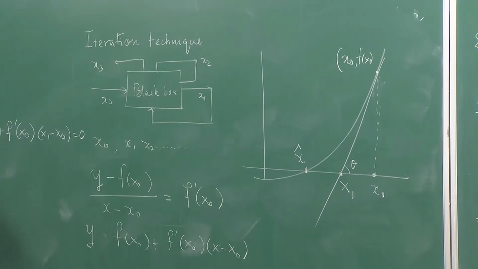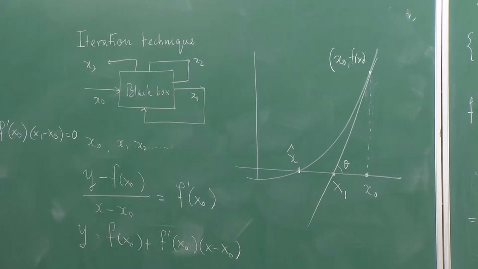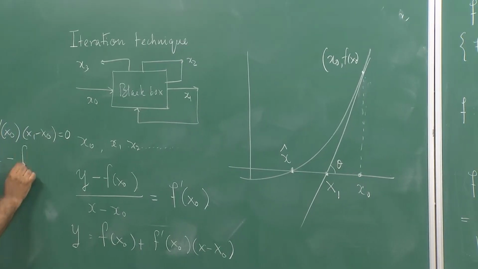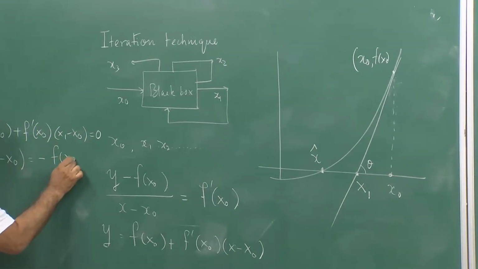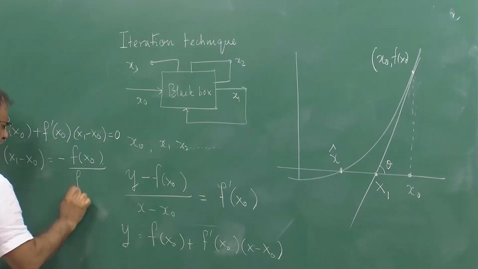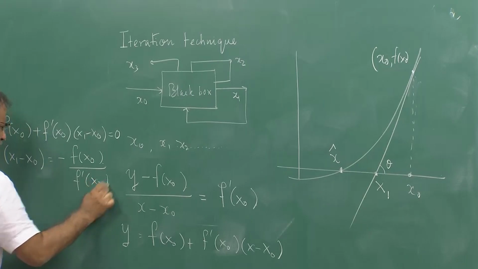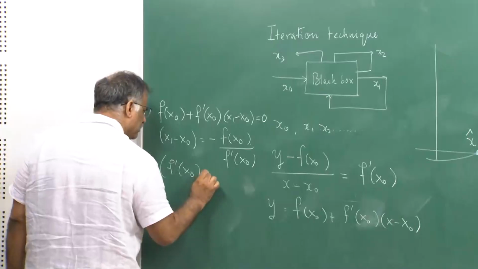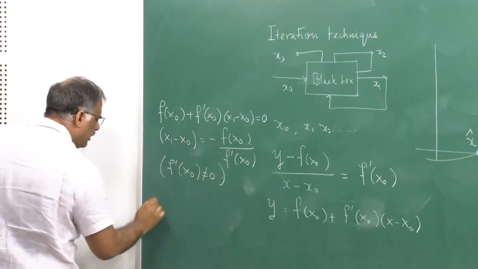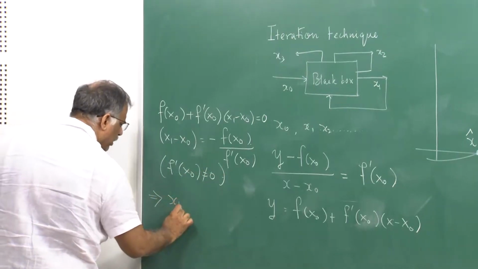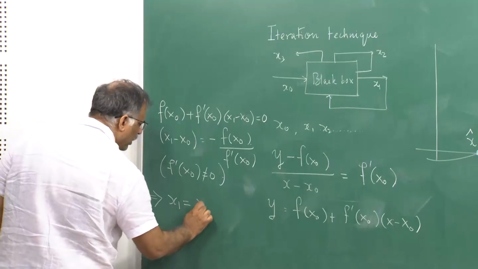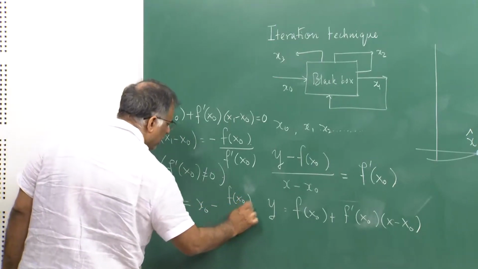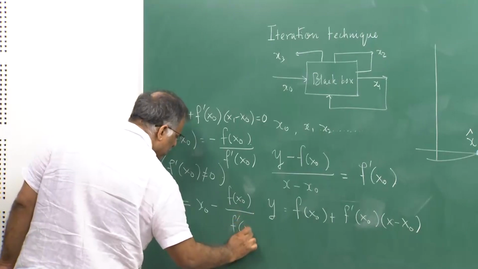So, I can write x1 minus x0 is equal to minus f(x0), bringing the f(x0) to the other side and dividing it by f'(x0), because f'(x0) is not equal to 0 from the diagram. This simply means that x1 is equal to x0 minus f(x0) by f'(x0).